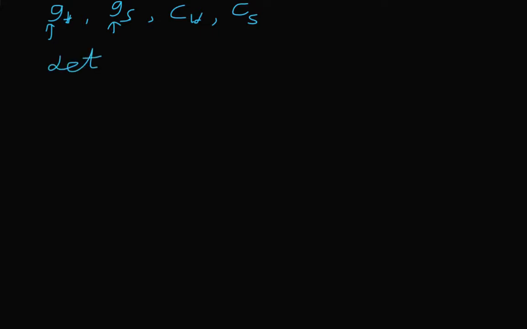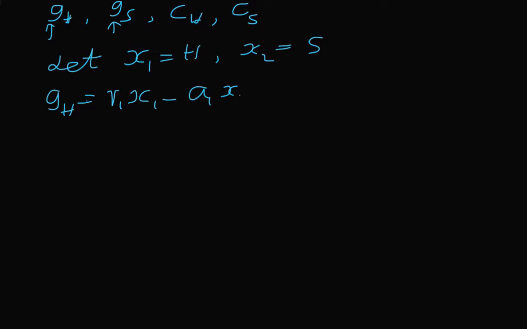Let x1 equal H and x2 equal S. Then we can write down GH using x1 and x2: r1 x1 minus a1 x1 to the power 2.